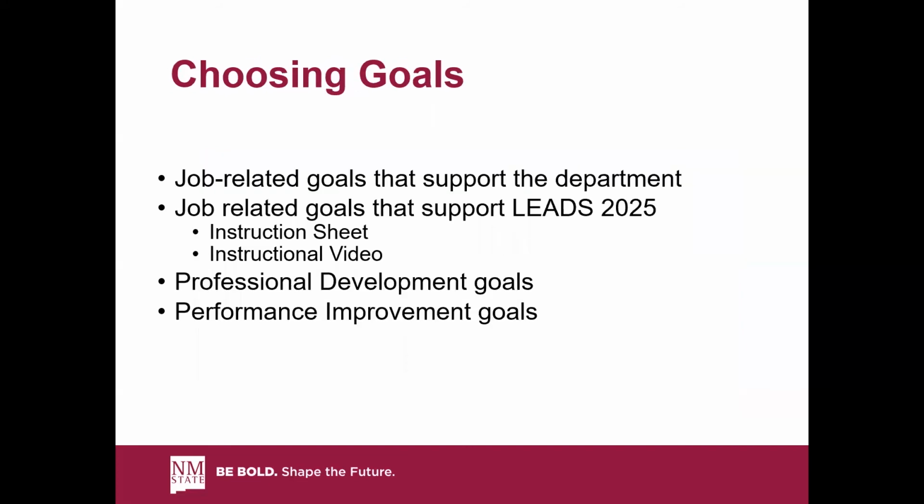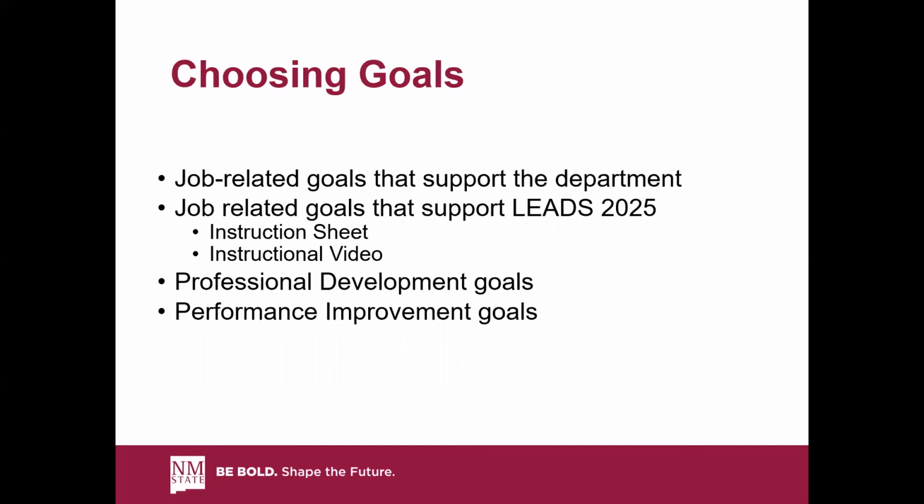Choosing goals. Again, choose job-related goals that support your department. Also choose job-related goals that support LEADS 2025. Now remember, that's our strategic plan moving forward. There was an email that went to all supervisors that provided a link to an instruction sheet that shows you how to align to LEADS 2025. And there's also an instructional video.